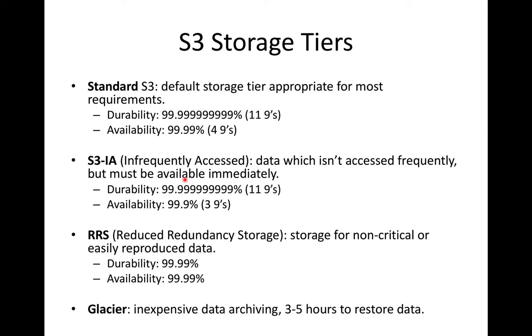The canonical example is something like a thumbnail image. A customer might upload their picture and your application will generate a thumbnail image. Maybe your application, instead of storing that thumbnail image in the standard tier, would store it in the reduced redundancy storage tier, which is cheaper.